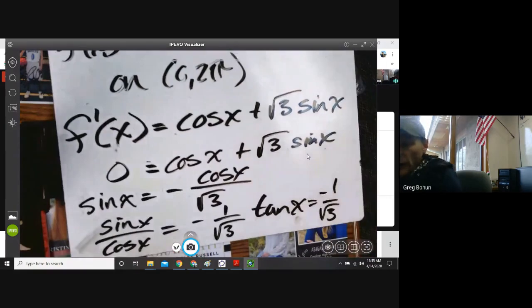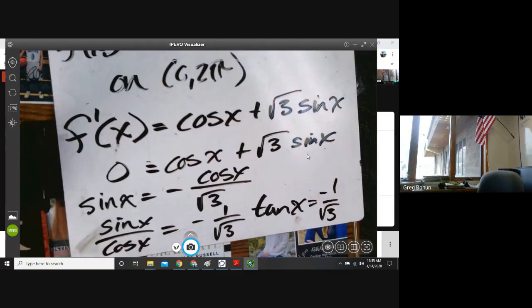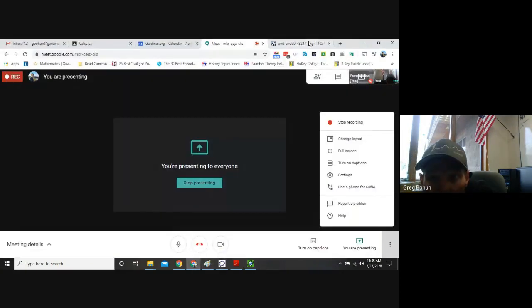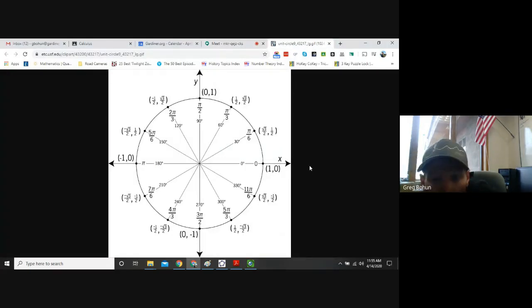So we can use our unit circle to find where is the tan of x equal to minus 1 over the square root of 3? Remember, the tan is y over x, so let's look at our unit circle. Minus 1 over the square root of 3.